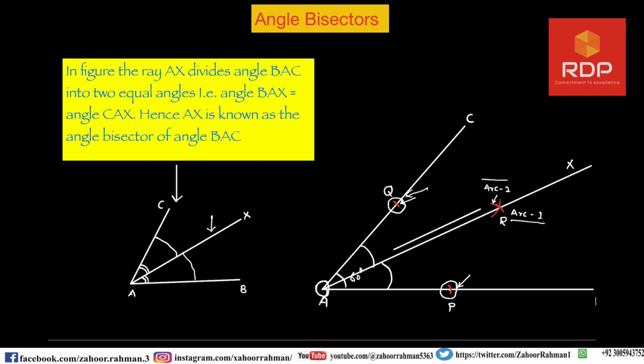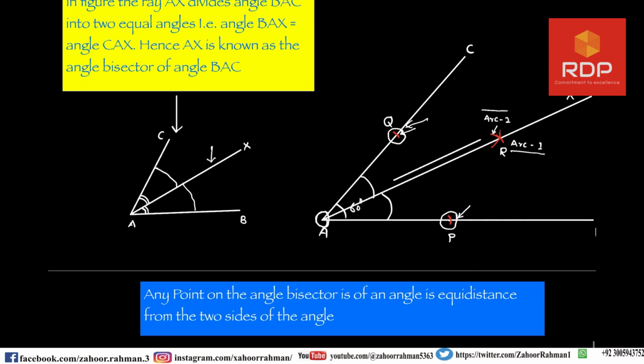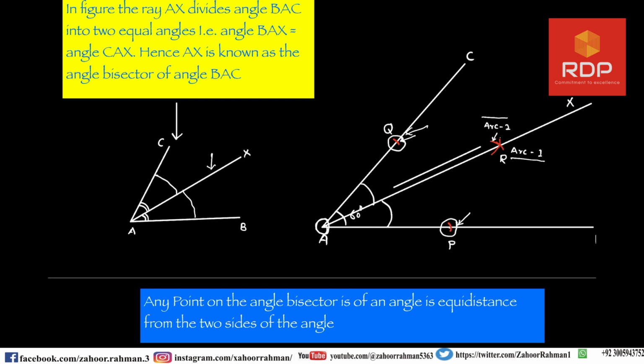But let's first understand the second law, which is exactly the same as the first one, but that was related to the line bisector and this is related to the angle bisector. Let us first read it.